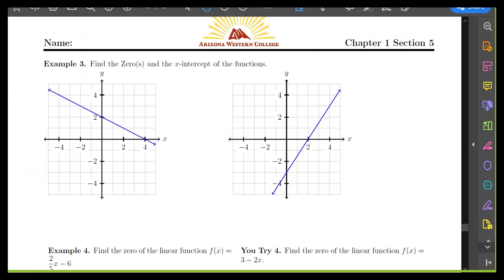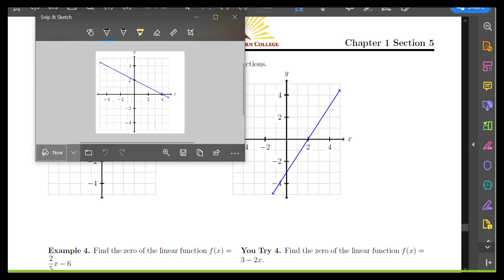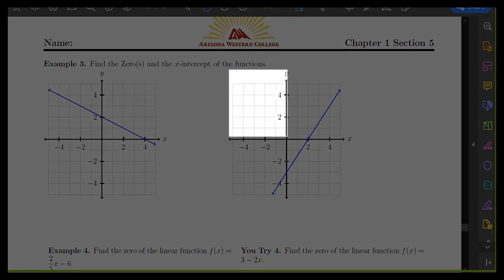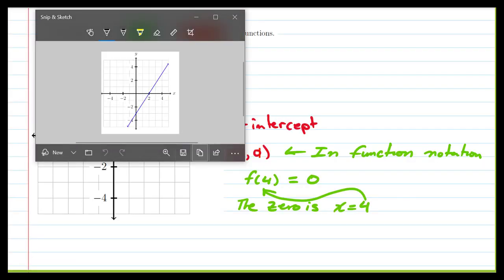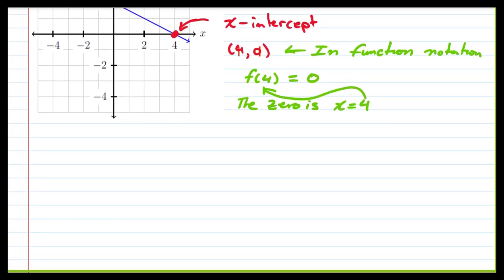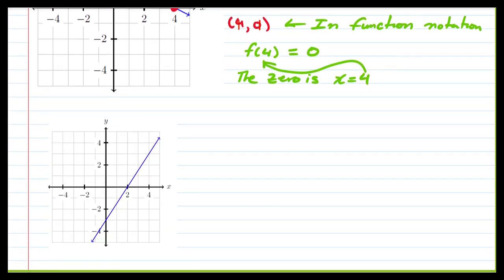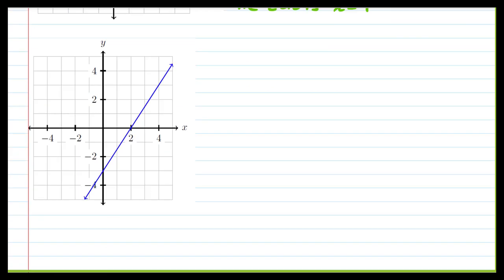All right, so now it is your turn. I want you to find the 0 on this graph. So we identify our x-intercept as this point right here, and that's going to have ordered pair 2, 0.